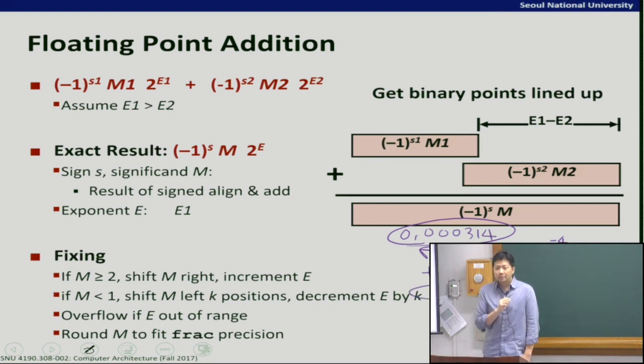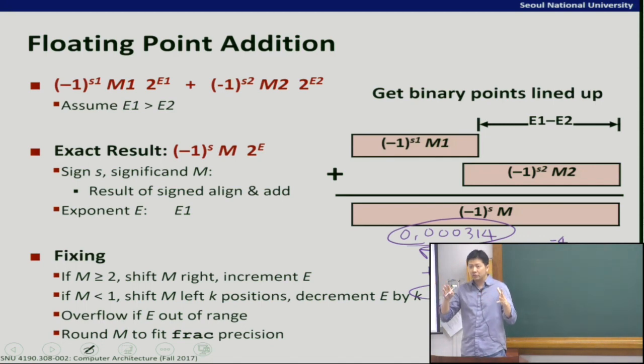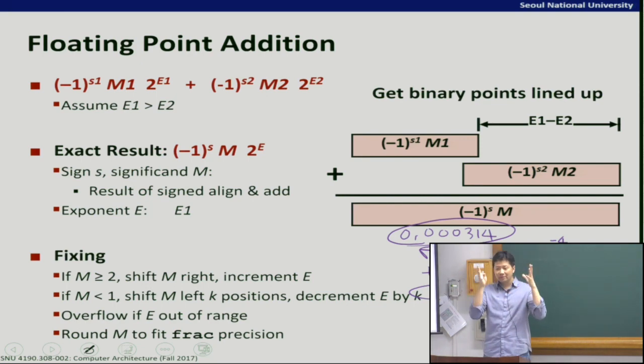Right? So in other words, before doing the addition, you actually have to first align these numbers to the same decimal points. And in general we align these two numbers to the number having the higher exponent value. So that's the convention.